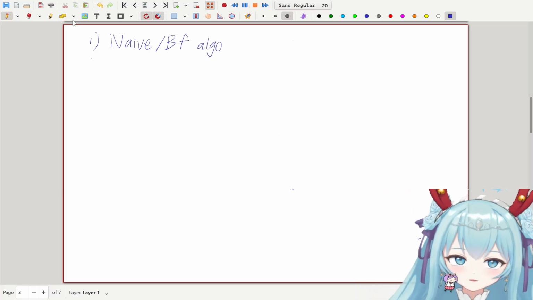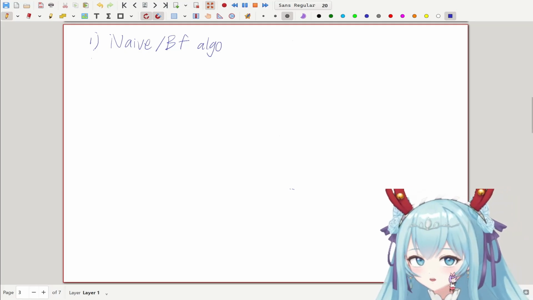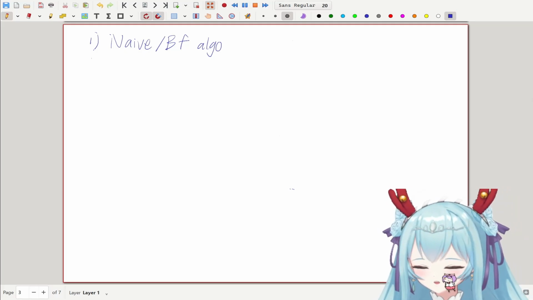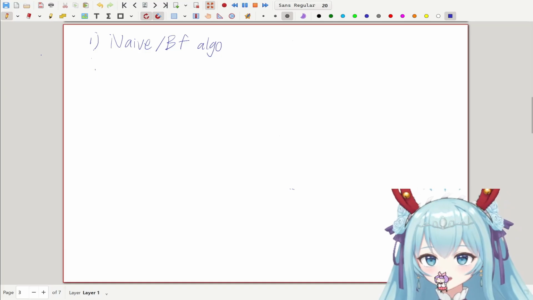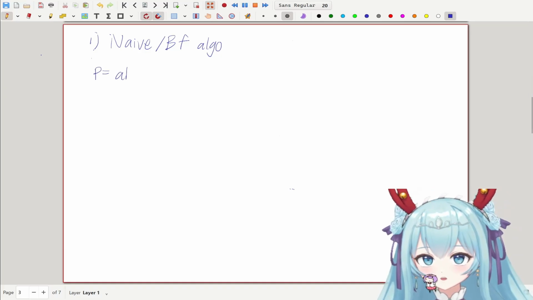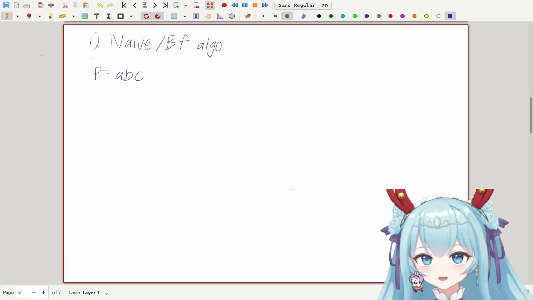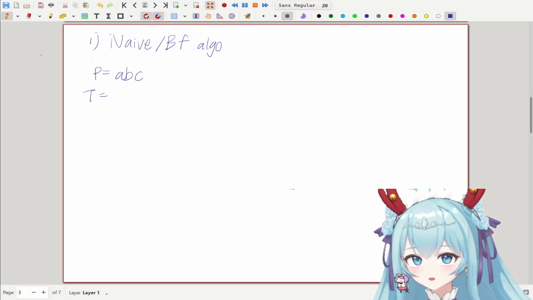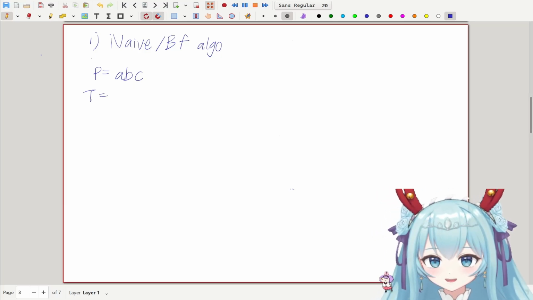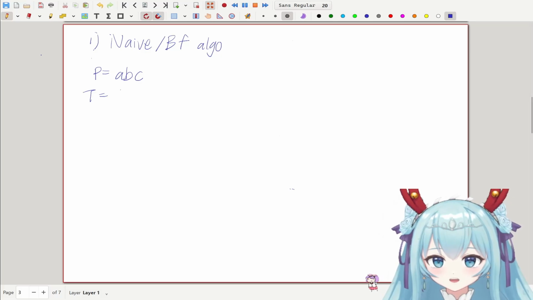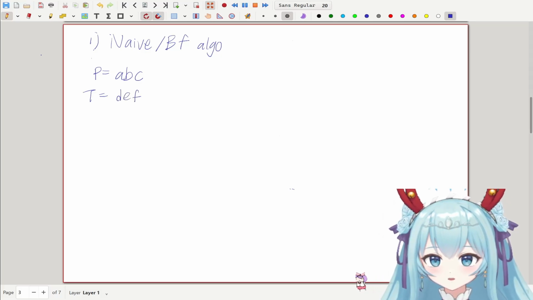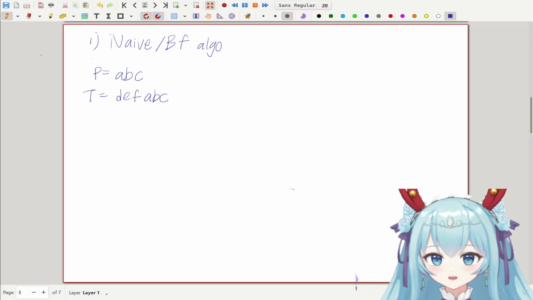So how it works is, let's say we are given P equals ABC and T equals maybe DEF ABC.